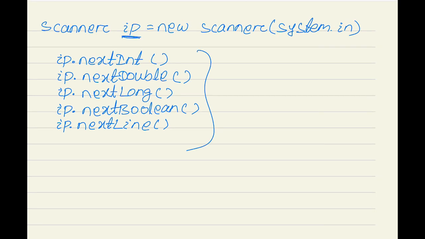Here, in place of ip you can take any identifier. It is not fixed that you should take ip. I am taking ip for input, ip stands for input here. We can take any identifier name and similarly update this identifier name here.